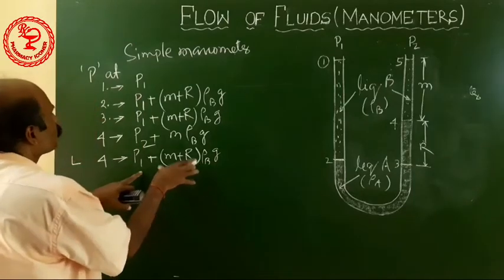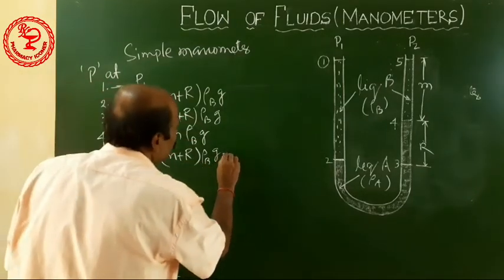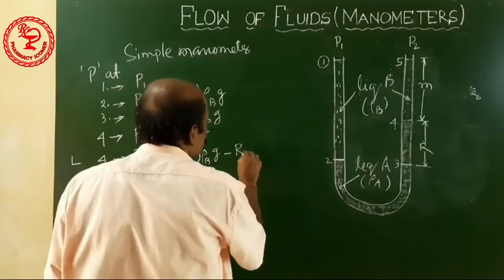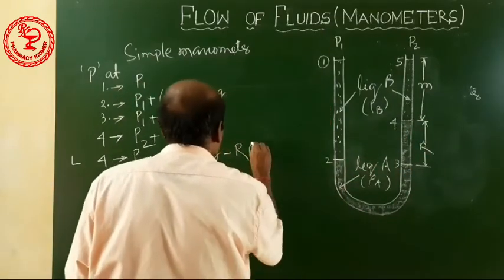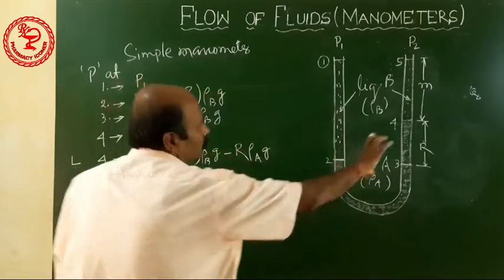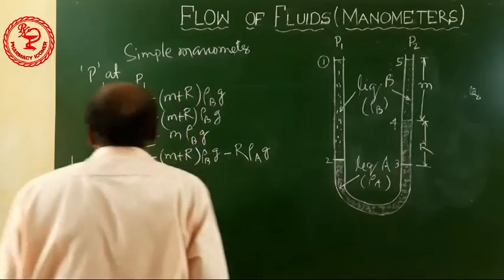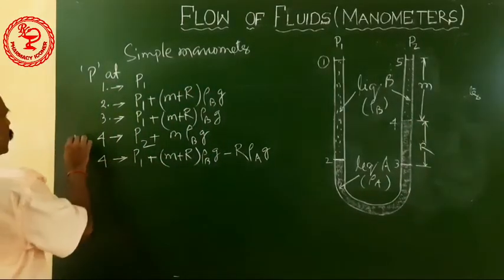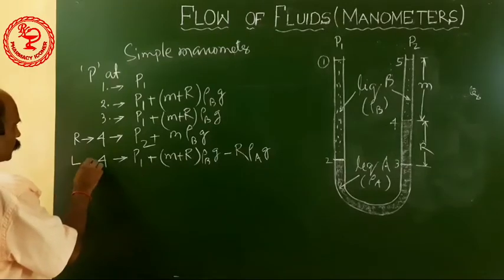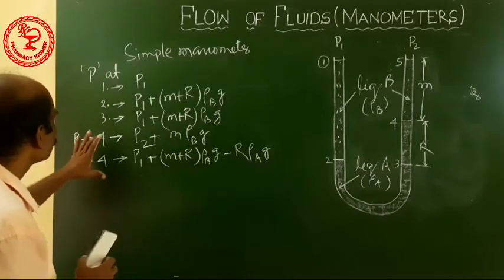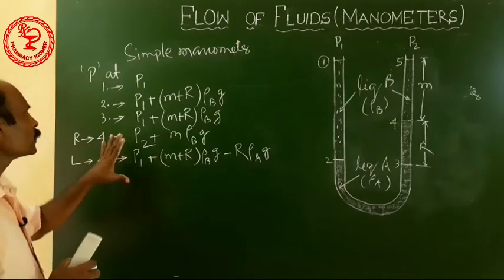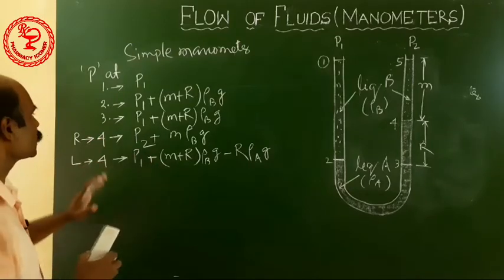From this, we are deducting the pressure of this column r, it is rho a into g. We are deducting the pressure of this column. So it is the reference to the right arm and it is the reference to the left arm. So whatever may be, these are the pressure at point 4. So these two will be equal.